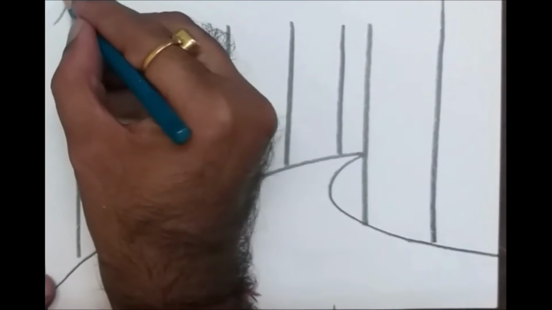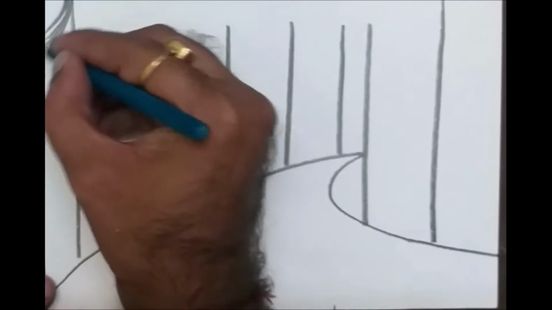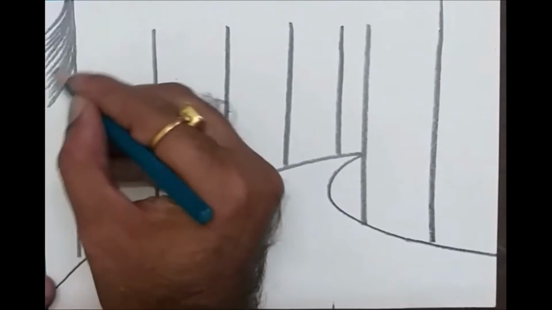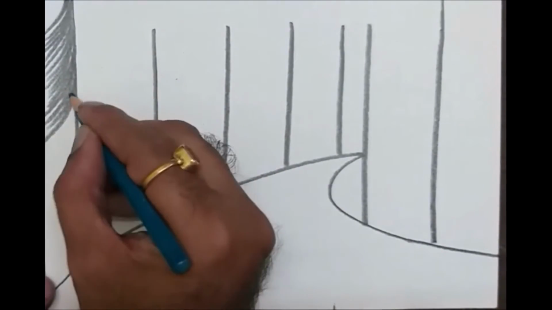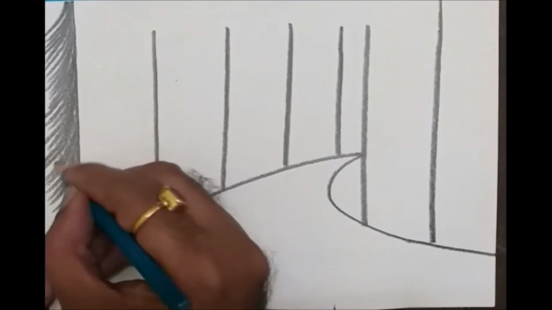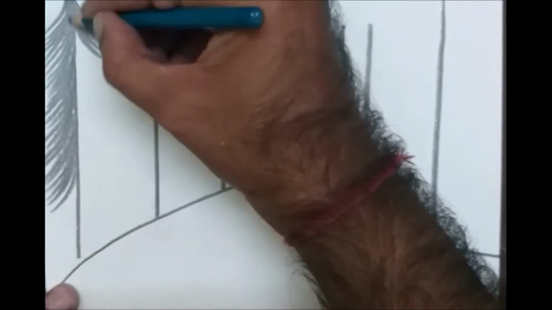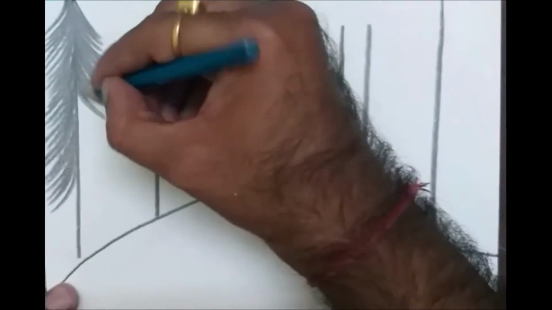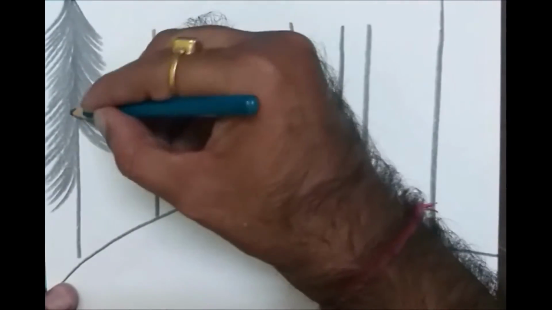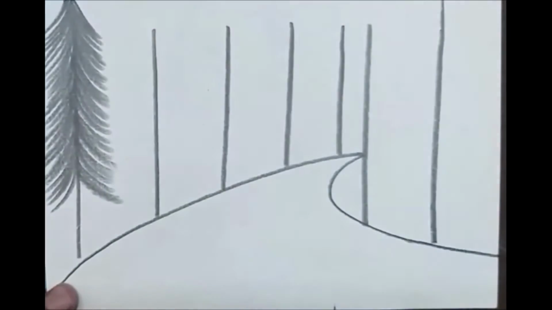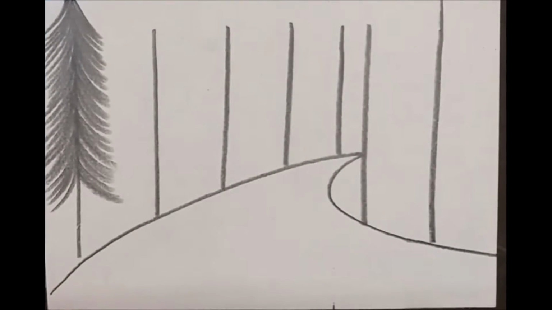Now start giving curve strokes. For making a palm tree, give strokes on both sides. At the downside, leave it up to some extent.